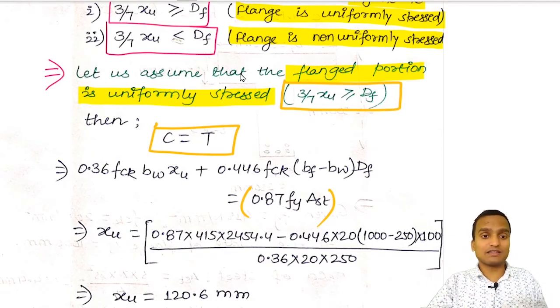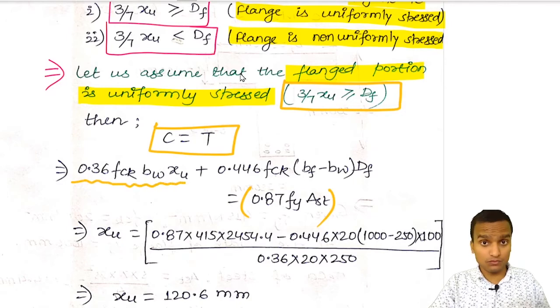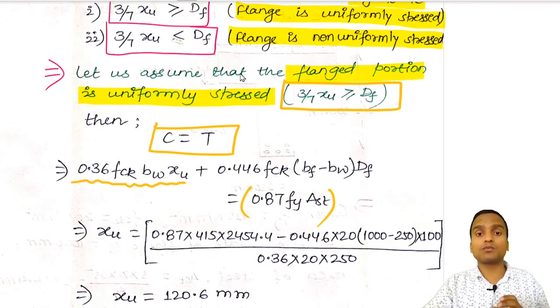Now the same thing is done here. We have added the compressive force's contribution from figure 1, which is equal to 0.36 fck bw, width of beam in the web region, multiplied by xu. Okay, and here we have added it with the contribution of compressive force from figure 2, which is equal to 0.446 fck, because the flange is uniformly stressed.